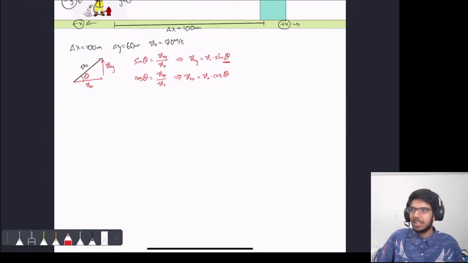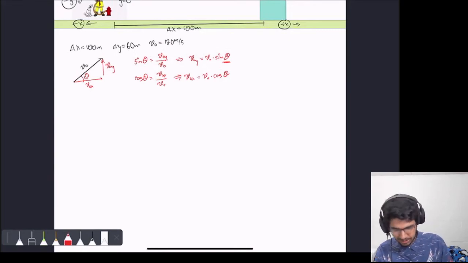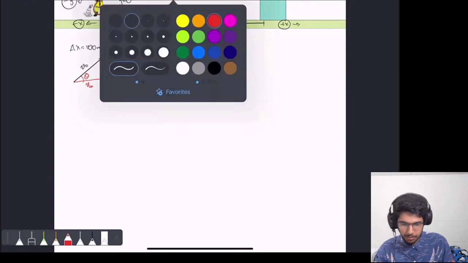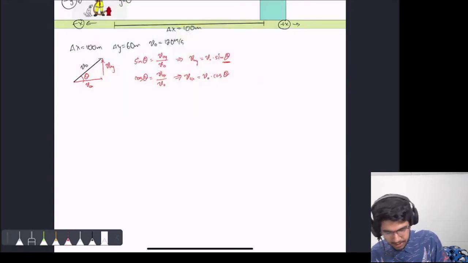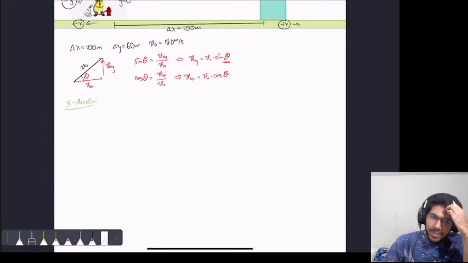So now we can consider one direction at a time. Let's start with the x direction, which is pretty simple since there's no acceleration. Well, how are we going to solve for theta?